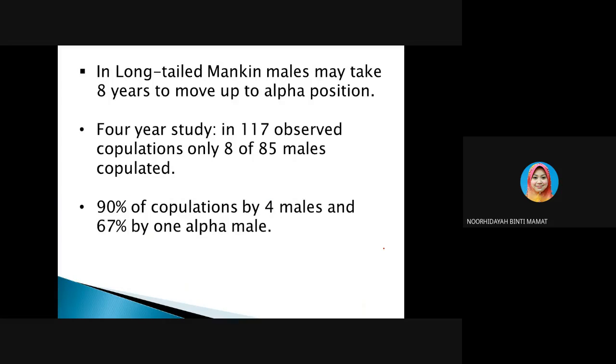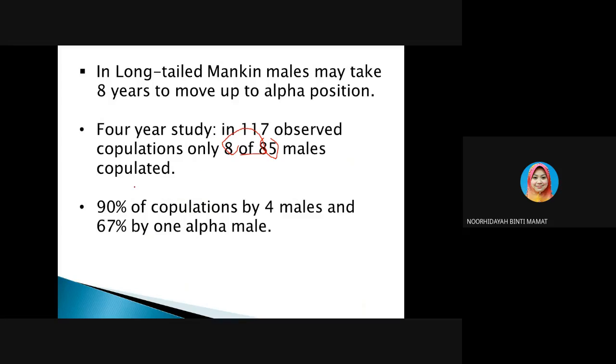In long-tailed manakins, the males may take 8 years to move up to the alpha position. In a 4-year study of 117 observed populations, only 8 out of 85 males copulated.